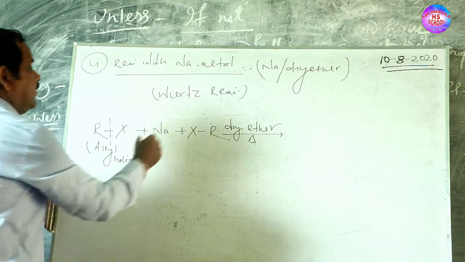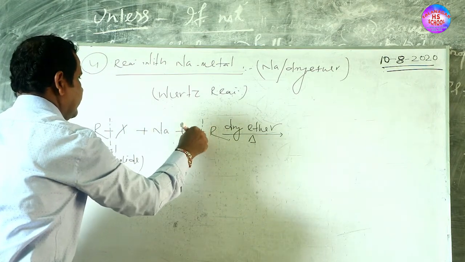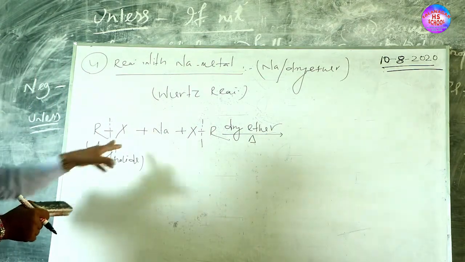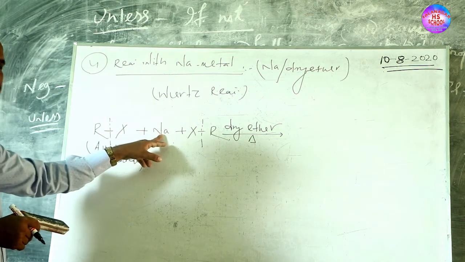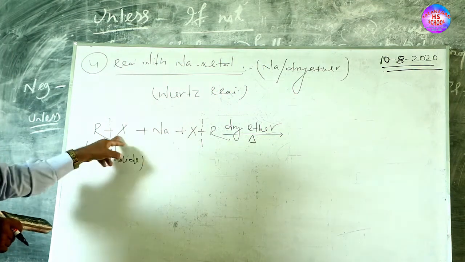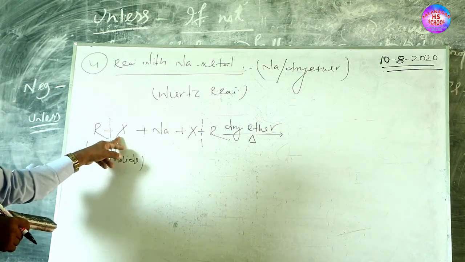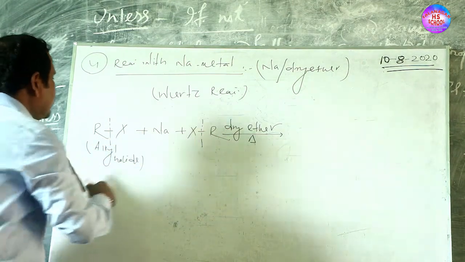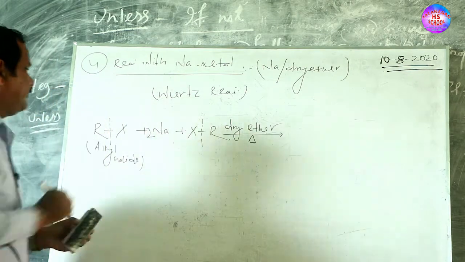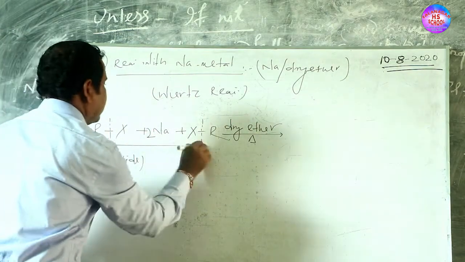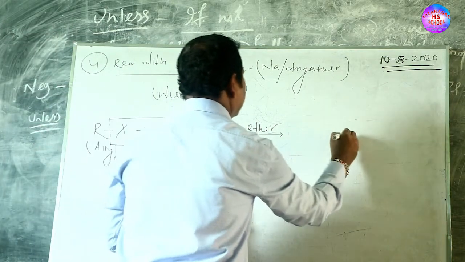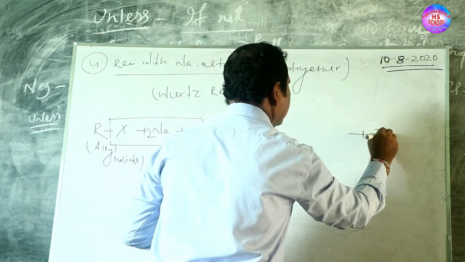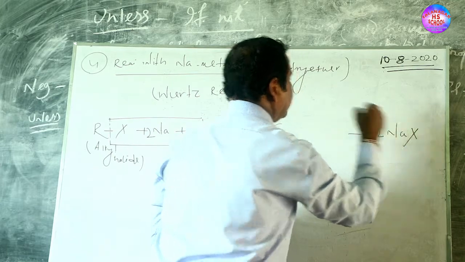Similarly, the X-R bond breaks. This halogen atom X takes one sodium atom to form sodium halide NaX. So 2Na, and we write the product plus 2NaX.